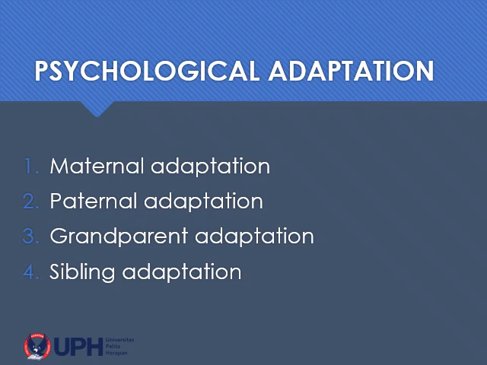Another adaptation that is very important concerns siblings. If this is the second baby or the third baby, then the siblings also need to adapt to the additional family member, because there can be sibling rivalry, overprotective love from siblings, or a difficulty to adjust between the father and the mother related to the new baby that is born.